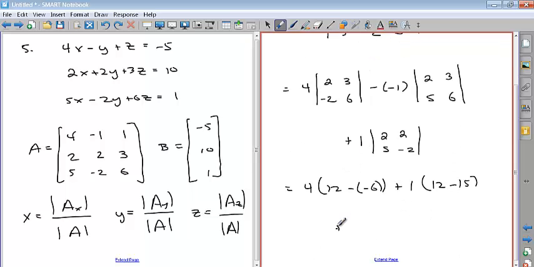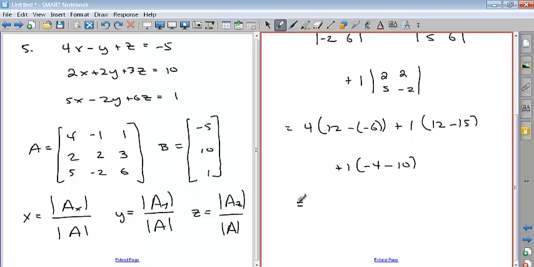And then the last one is plus 1 times 2 times -2, which is -4. And then we subtract 5 times 2, which is 10. So we've got 4 times 12 plus 6 is 18, plus 1 times -3, plus 1 times -14.